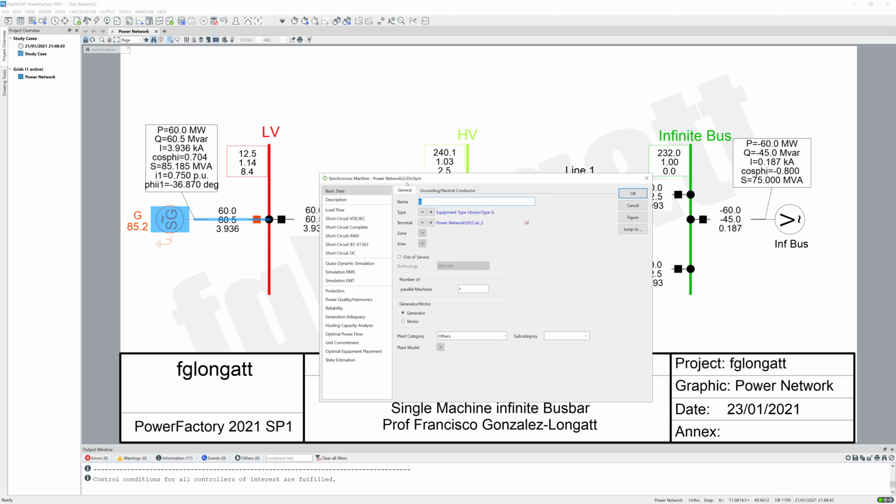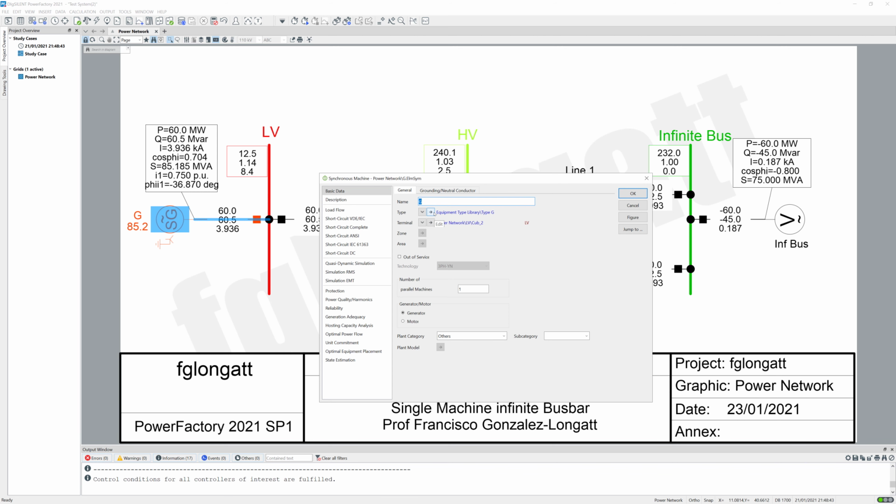You can see we have the synchronous machine. This is the element synchronous machine. This is the object that is representing the synchronous machine here inside the network data. But all my students are clear that the model that we use for the dynamics is defined inside the type, okay?